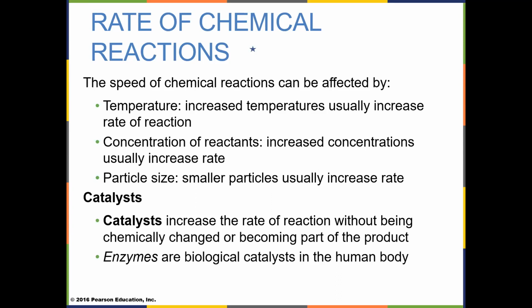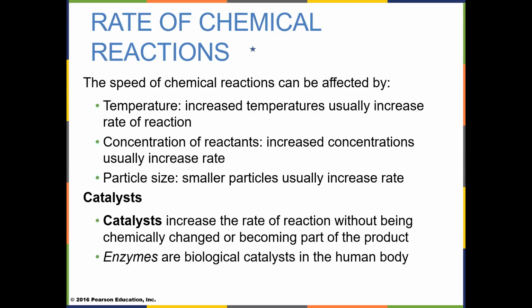That's a good thing, but it's only temporary. We can't raise our temperature to make reactions go faster. The concentrations in our bodies are very, very tiny to begin with. So we can't affect the concentrations. And the particle sizes are very, very small. So none of these things apply to us.